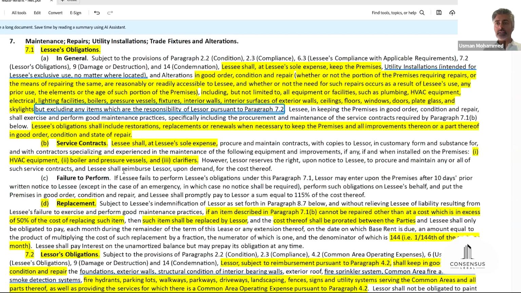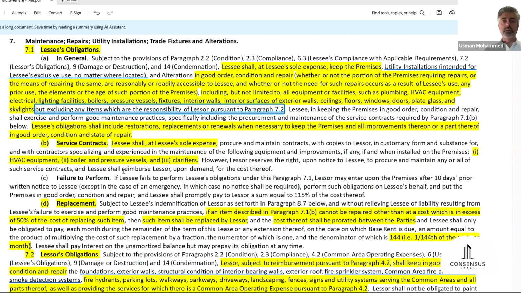Let's say it's a 5-year lease, and lessee only has 1 year remaining in its lease term when the HVAC equipment needs to be replaced. Since it's amortized over 12 years and lessee only has 1 year remaining, lessee will only pay 1/12 of that cost.